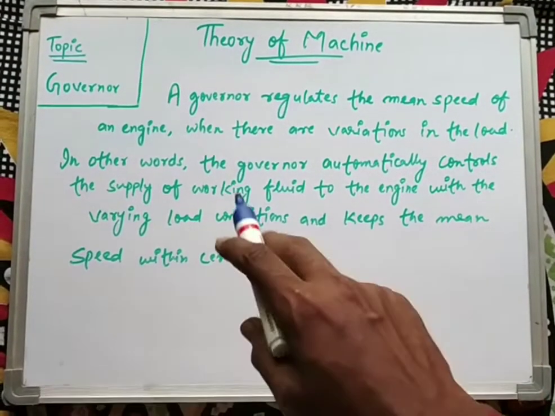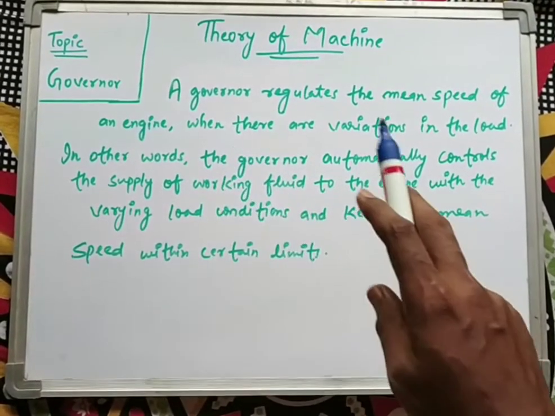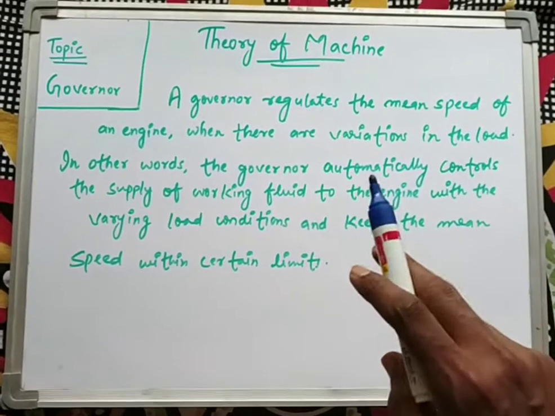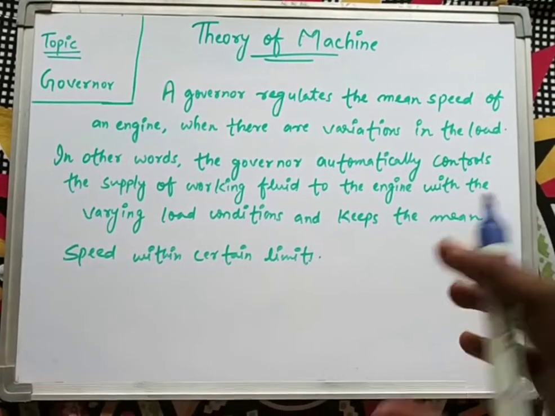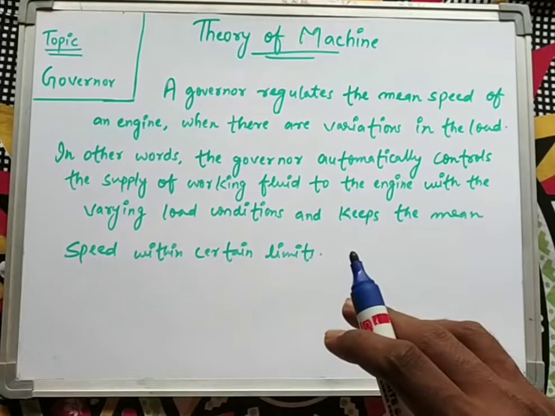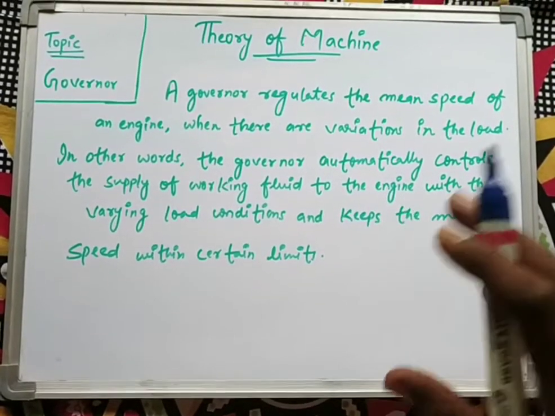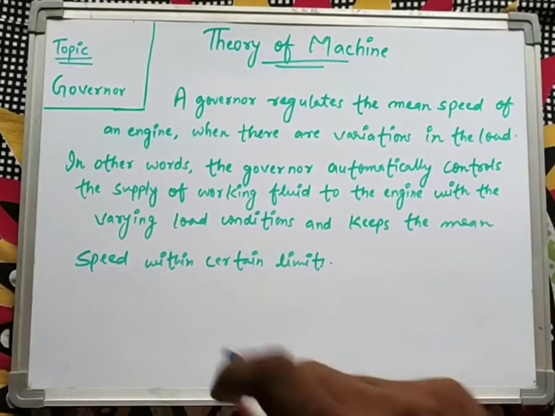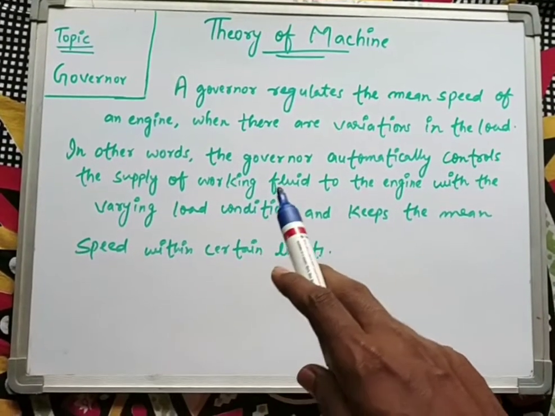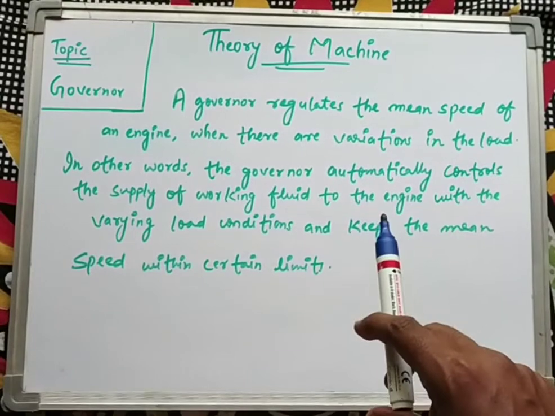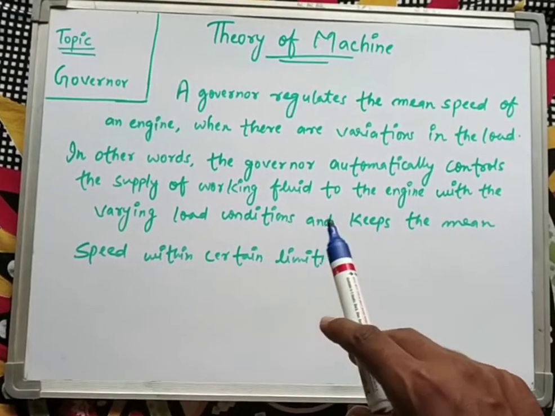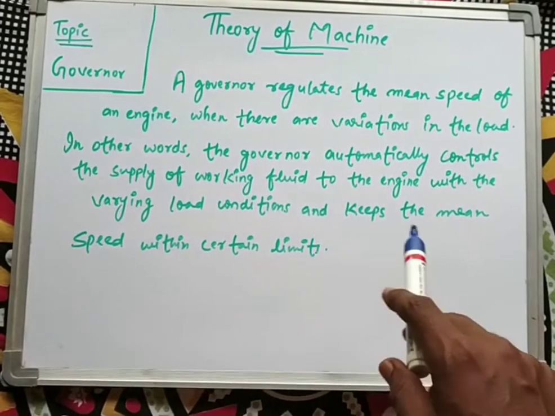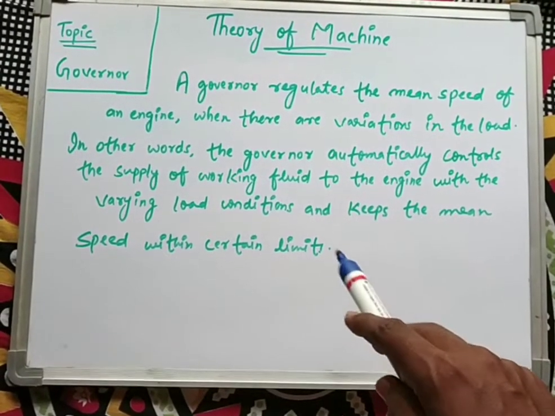Starting with the definition, a governor regulates the mean speed of an engine when there is variation in the load. That means when there are abrupt changes in the amount of load, at that time the governor regulates the mean speed and controls that variation. In other words, the governor automatically controls the supply of working fluid to the engine with the varying load condition and keeps the mean speed within certain limits.